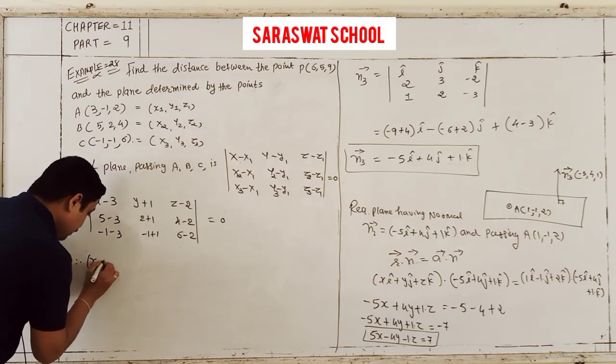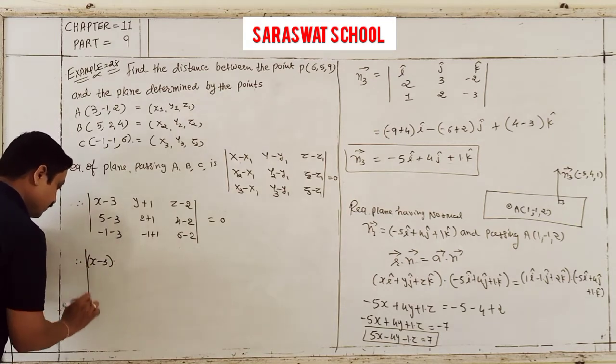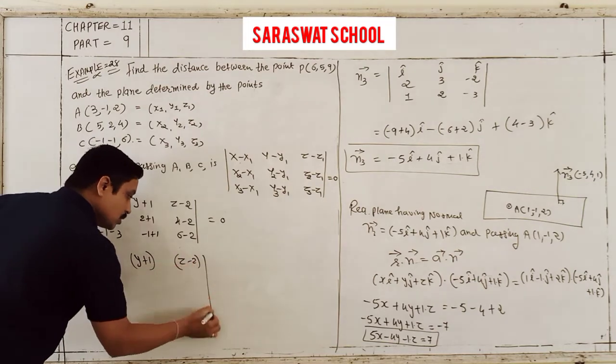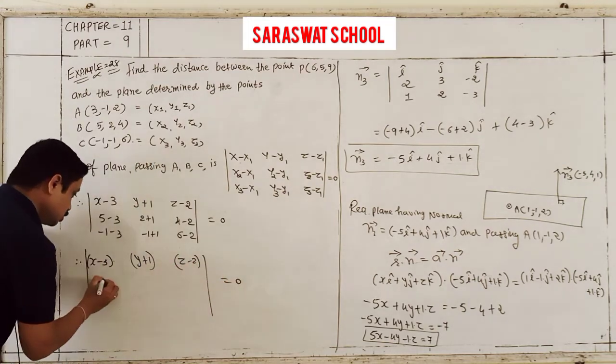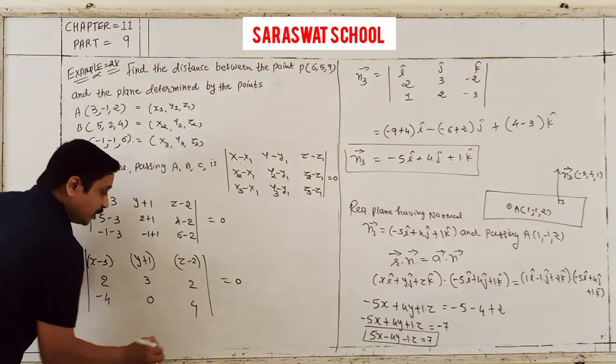So x minus 3, I write it down again, don't worry, here y plus 1 and z minus 2, and here, students, the rows are 2, 2, 4 and minus 4, 0, 2 and 4.